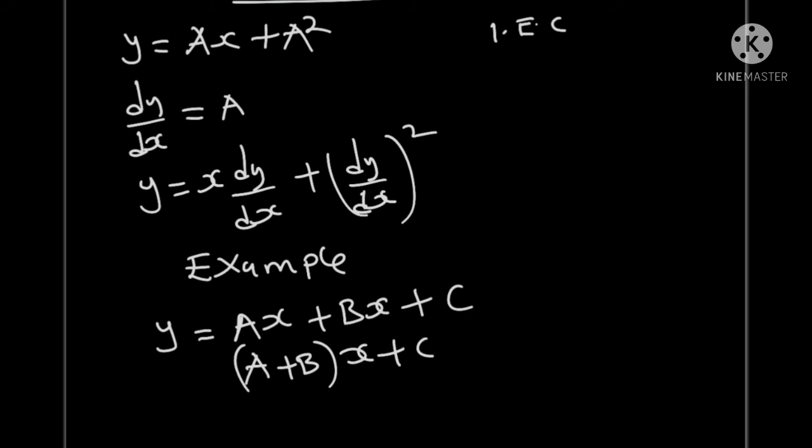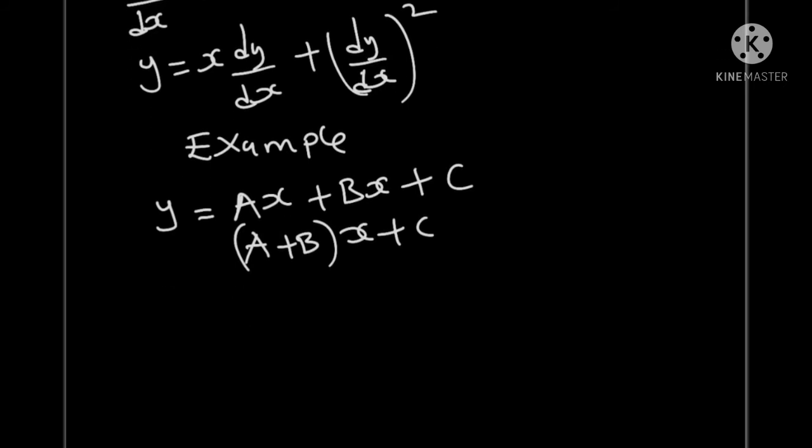A is a constant, b is a constant. So a constant plus a constant gives us another constant. Therefore, we can say let a plus b be equal to d. So we have dx plus c. Now this primitive equation has two essential constants, d and c.